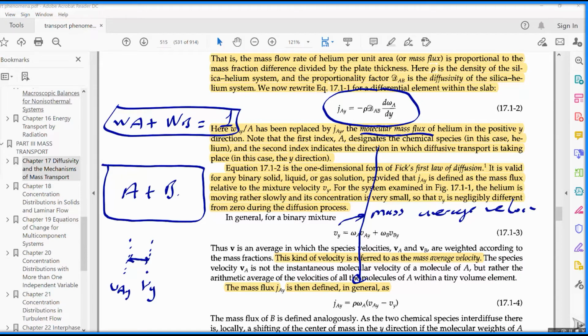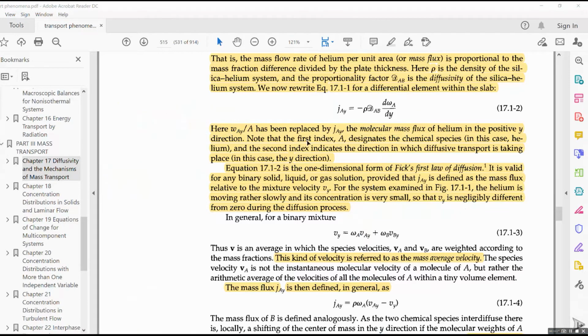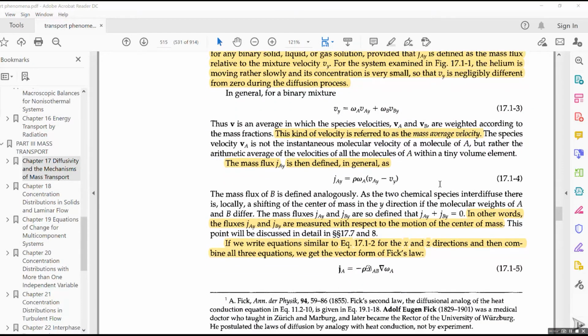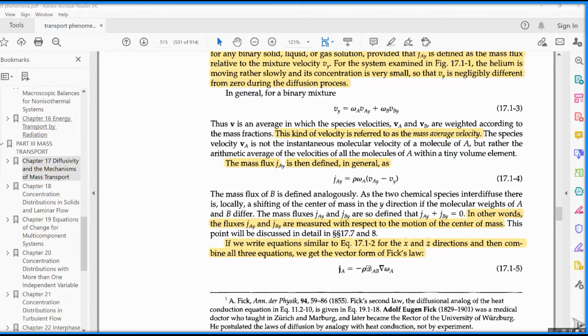The same is valid for the species B also. So let's continue our discussion. We can write the same definition for species B: JBy is equal to rho WB times (VBy minus Vy).